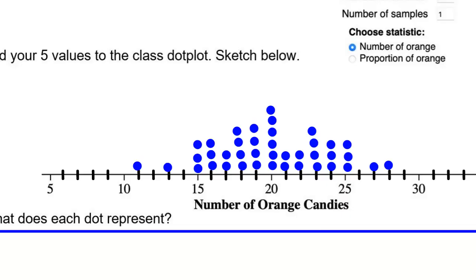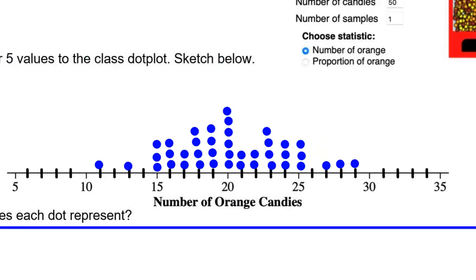Is that 29? 29, 23, 20, 19 and 19. Okay. 17, 18, 18, 29 and 18. All right, just a few more to go.